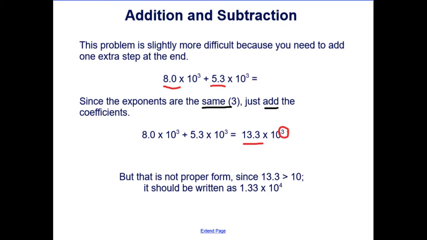But this is not in proper form since 13.3 is greater than 10, and in scientific notation we know that the first number has to be between 1 and 10. It has to be equal to or greater than 1 but less than 10. And here it's greater than 10, so we need to rewrite this number as 1.33 times 10 to the fourth. We need to change it to our proper notation.